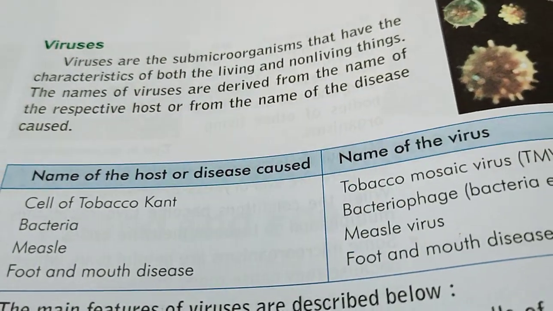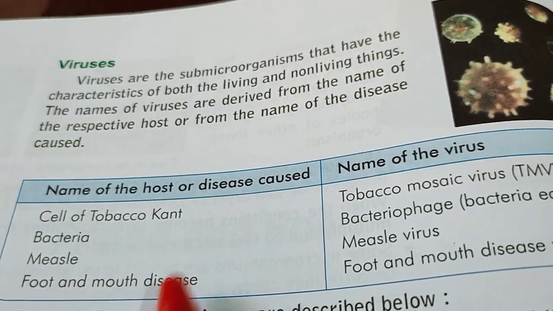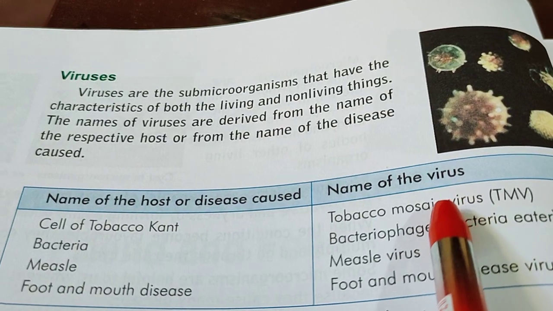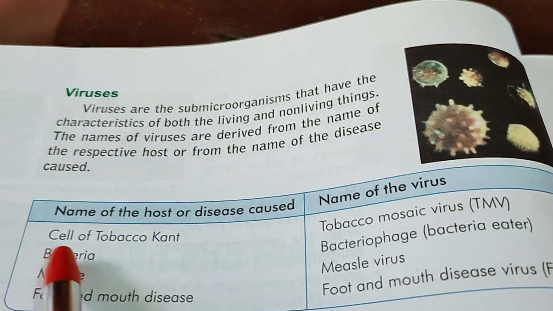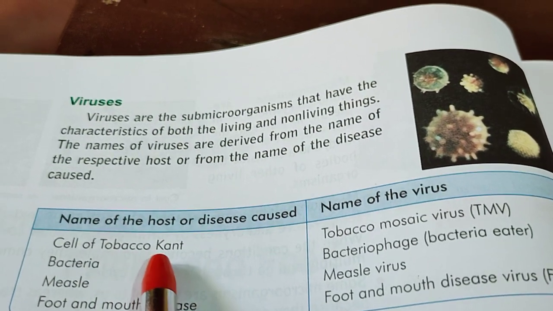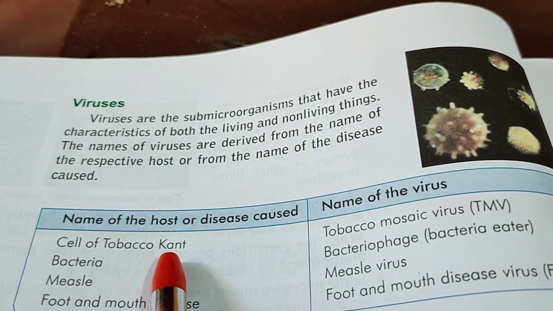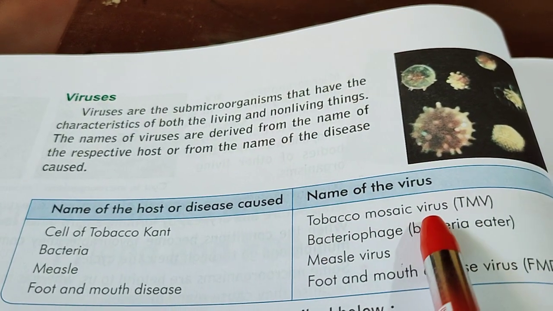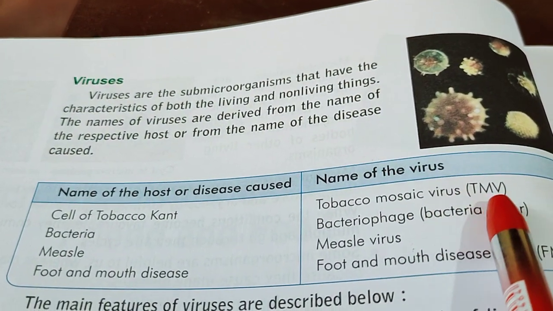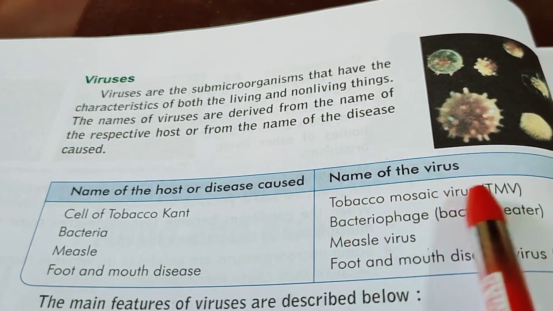Now in this table you see the name of the host or the disease and the name of the virus. Number 1, host is cell of tobacco plant. Name of the virus, tobacco mosaic virus, in short TMV.